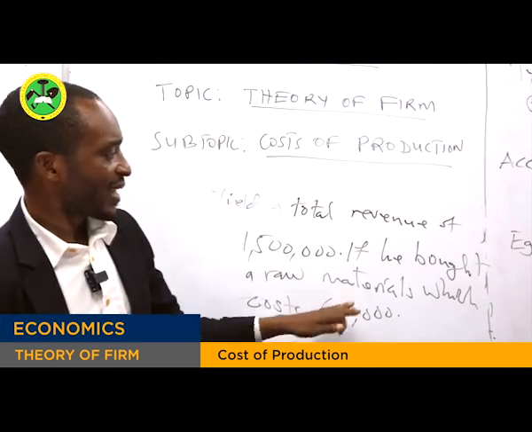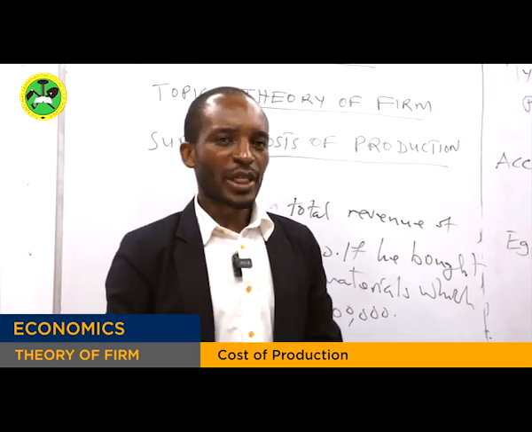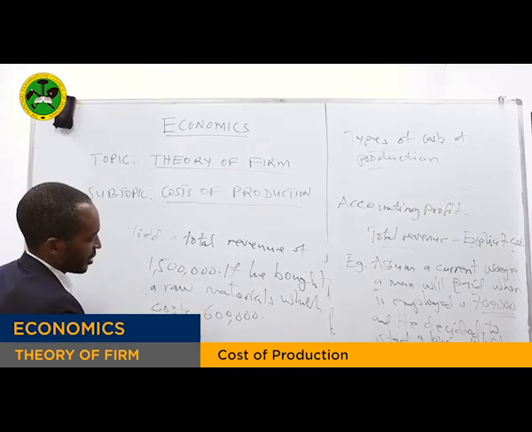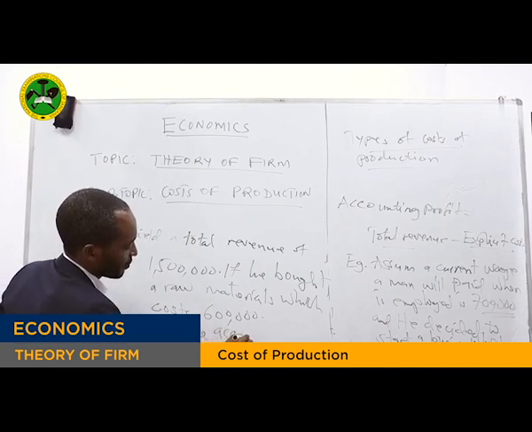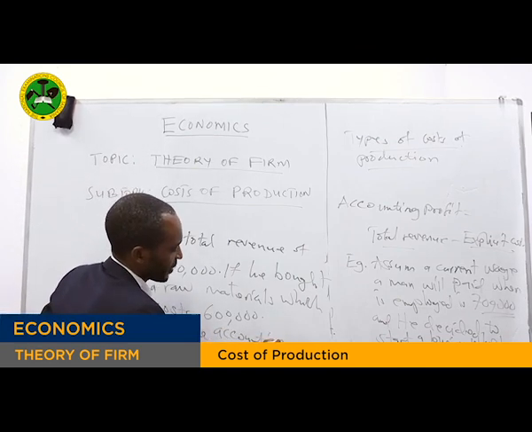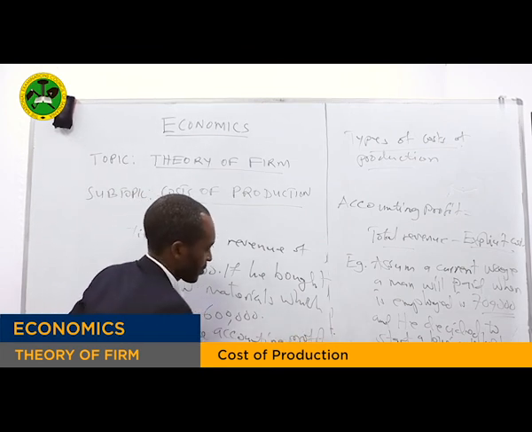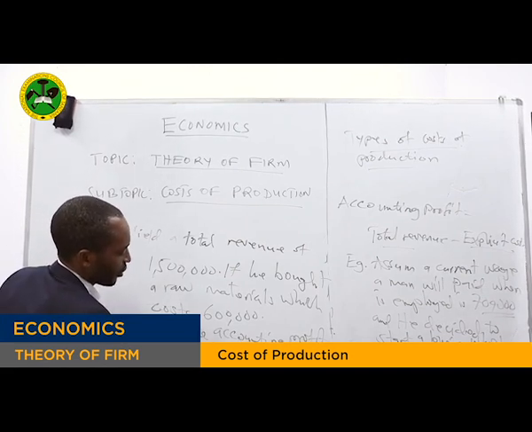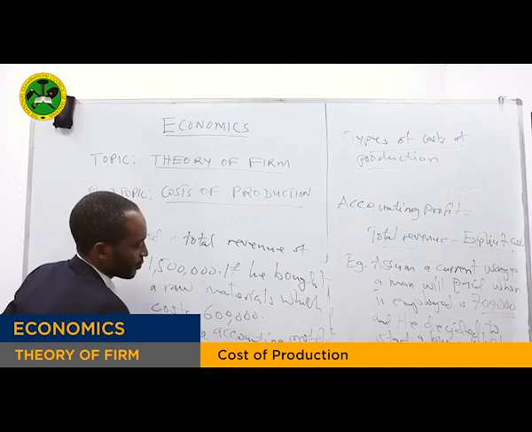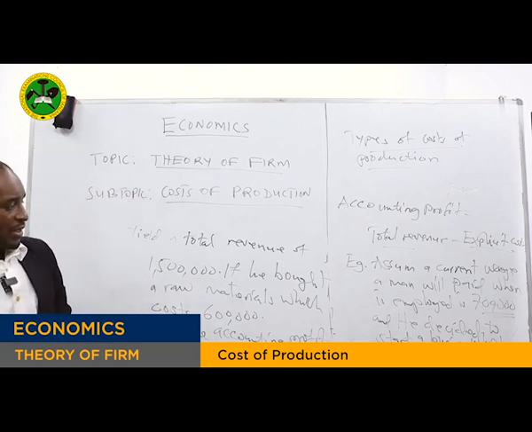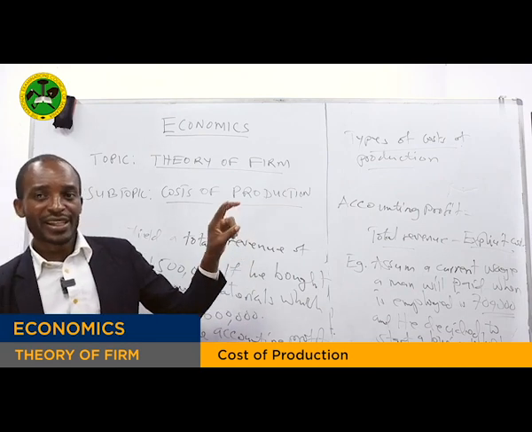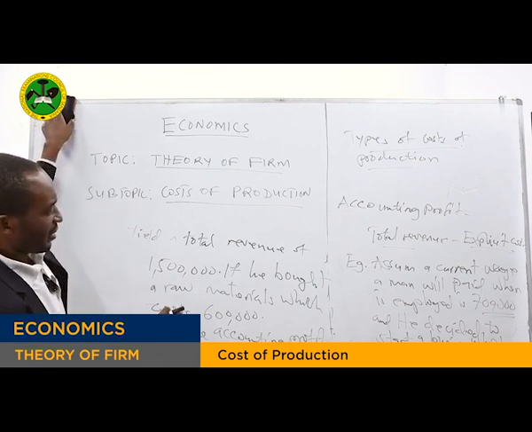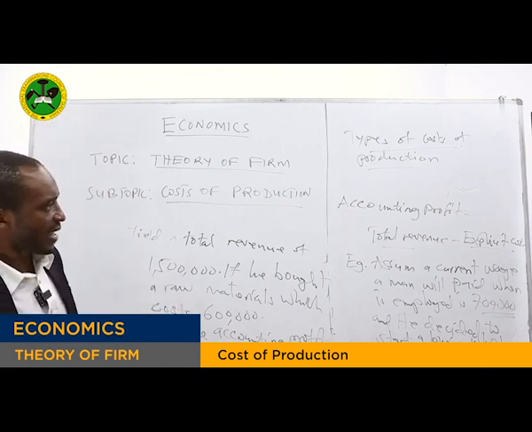Now let us calculate the accounting profit and economic profit. So by using this example, it helps us to distinguish between the implicit cost and explicit cost. So how can we conduct the solution of this example?